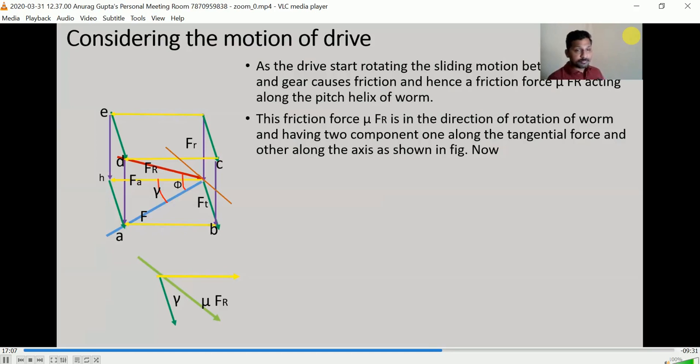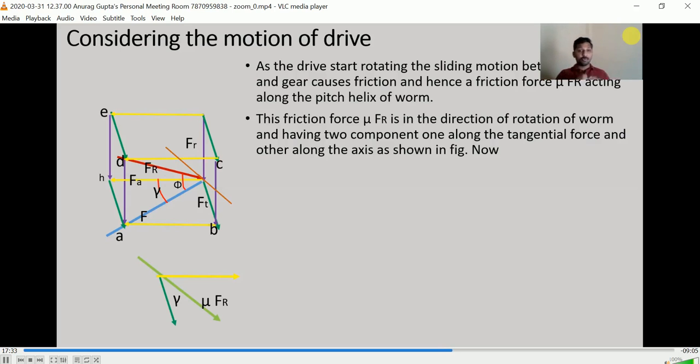Now we are considering the motion of the drive. Now the drive has started to move. As the drive has started to move, what will happen? The gear will slide over the pitch surface of the worm, and there will be friction between the worm and worm gear. As friction comes into the picture, there will be a friction force.